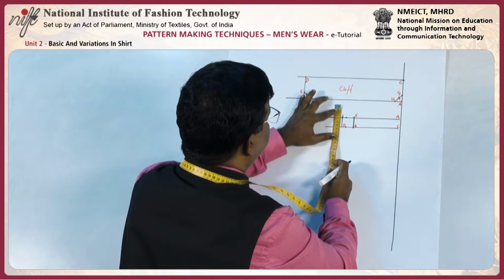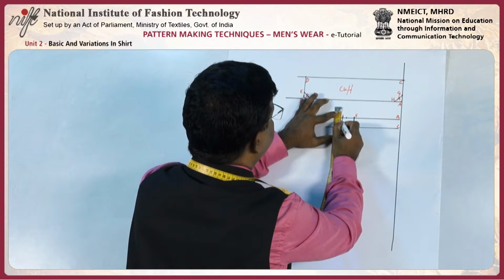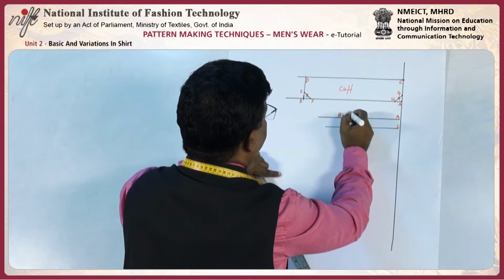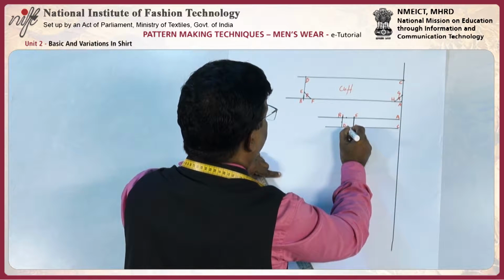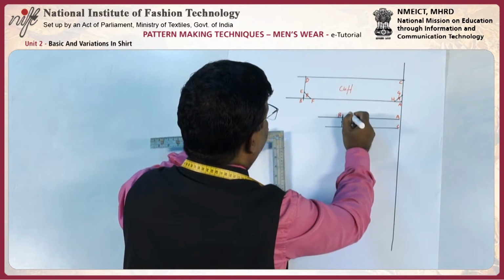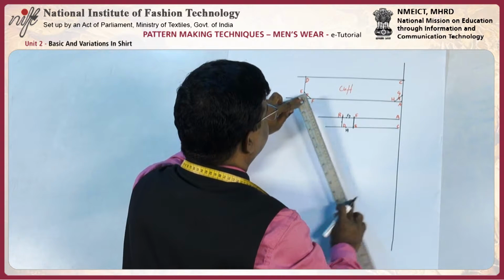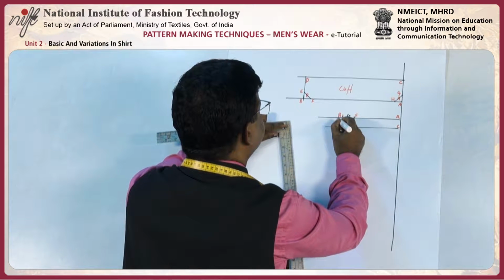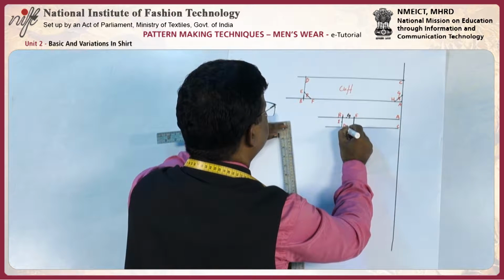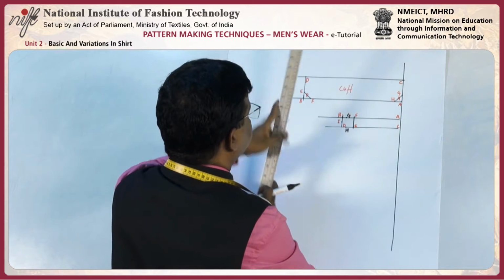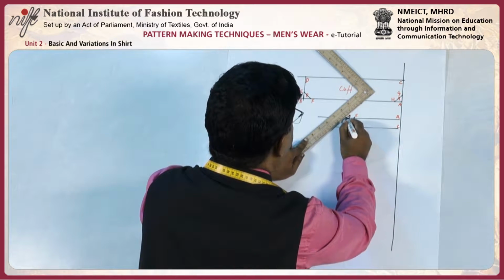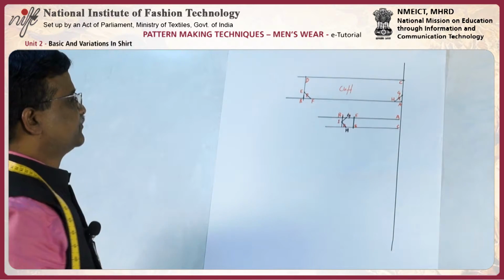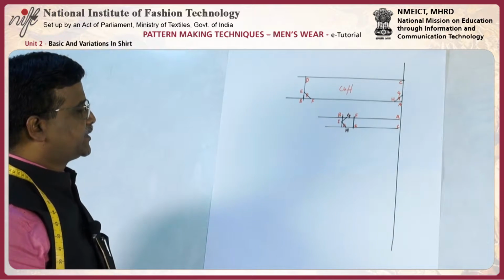I is midpoint of BD. Now connect H, I and G. With this, placket draft is complete.